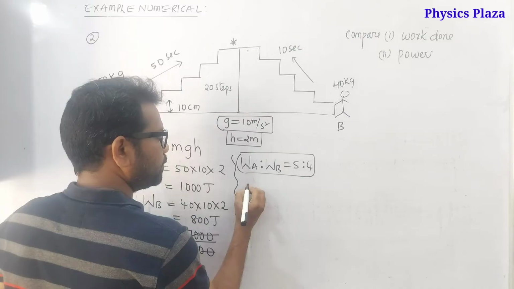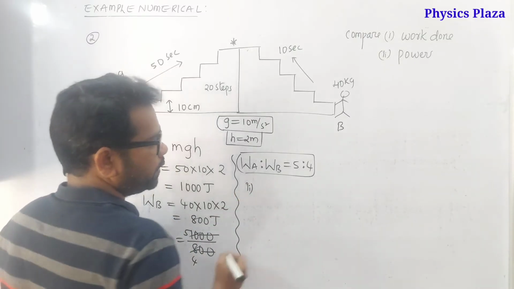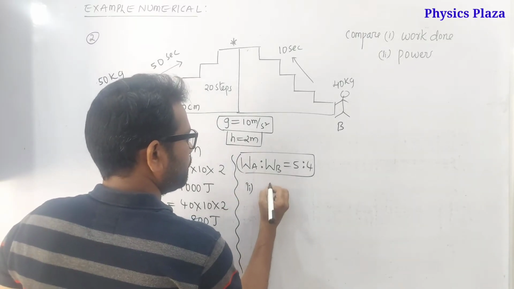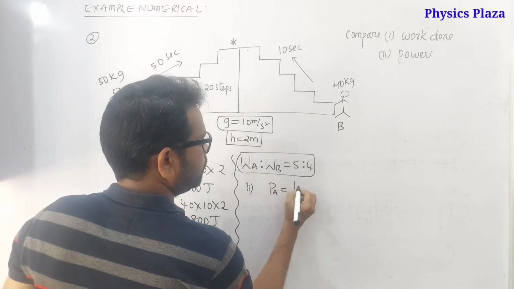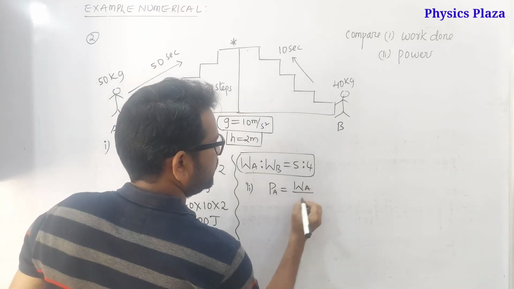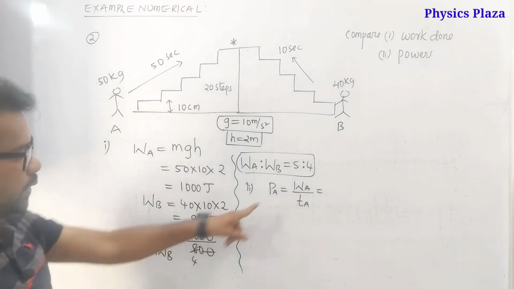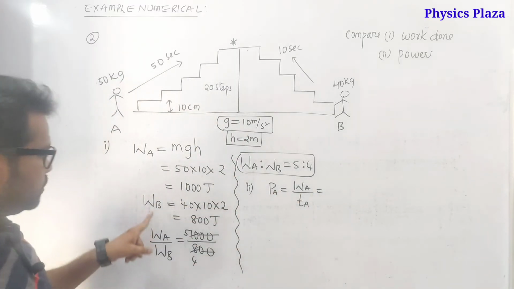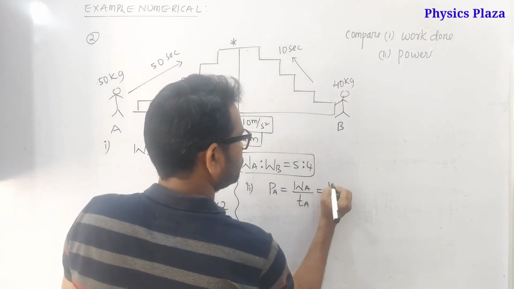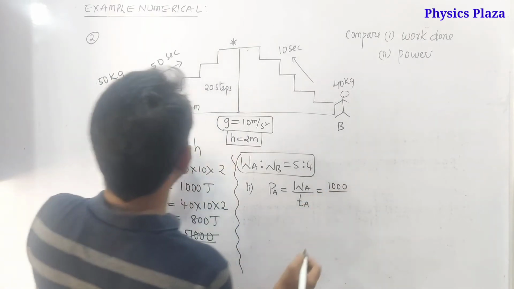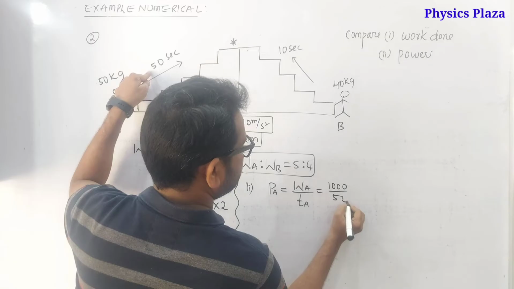So the second one, children, powers. We know this, right, children? Power of person A is equal to work done by person A by time taken by person A. So work done by person A is how much? 1000. 1000 by how much time does it take? 50 seconds.